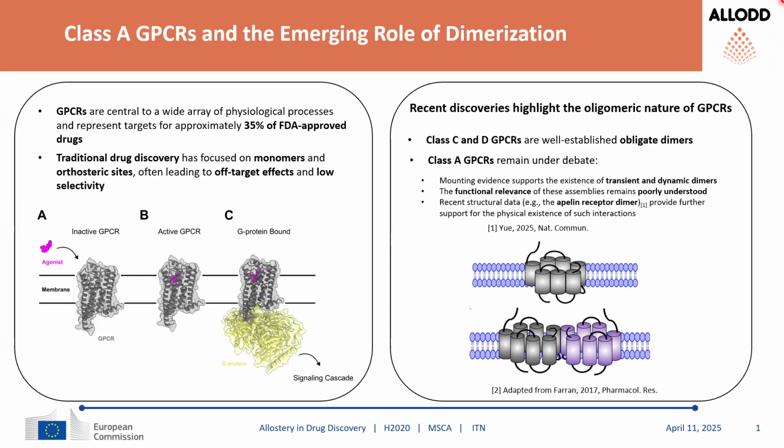What this means is that basically you can try to consider GPCRs as oligomers, no? And here is where the controversy arises, because for class C and class D GPCRs, the dimeric nature is very well established. For class A GPCRs, there's a big debate going on, as you have already seen.